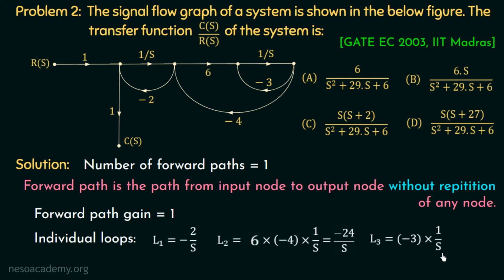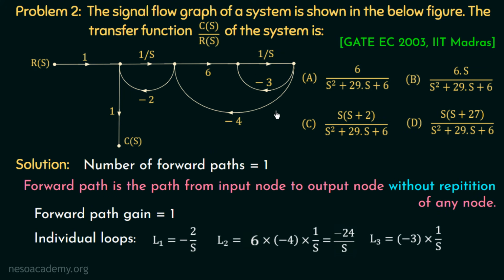So now we are done with the identification of individual loops in this signal flow graph, and we know there are 3 individual loops. Moreover, if we observe loop L1 and loop L3, we can say that these are non-touching loops because they do not have any node in common. So we can say that the loops L1 and L3 are non-touching loops.